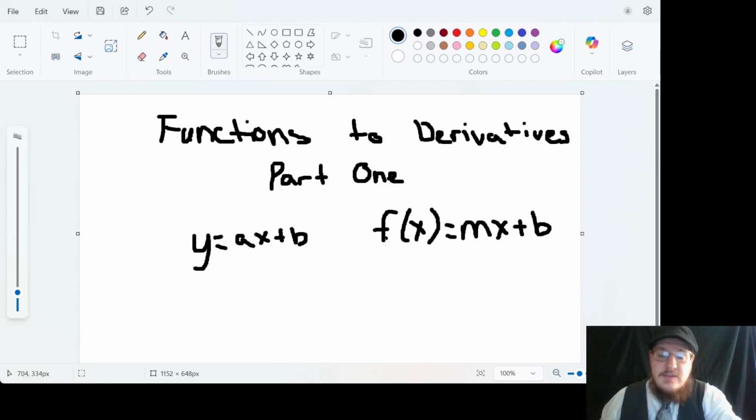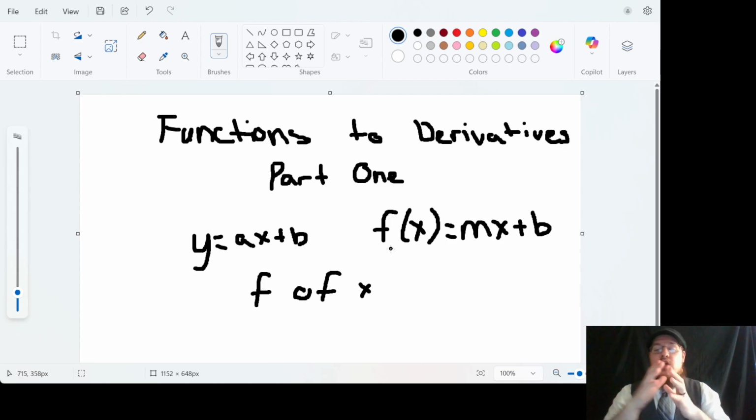Now, this is written as f of x, or a function of x. And you are going to be getting these specific x values from a table of values that we will have to create, okay? Where you take a number of x, okay? X is referring to a certain value.